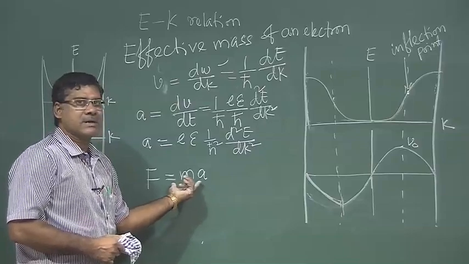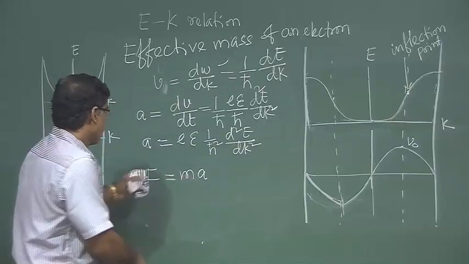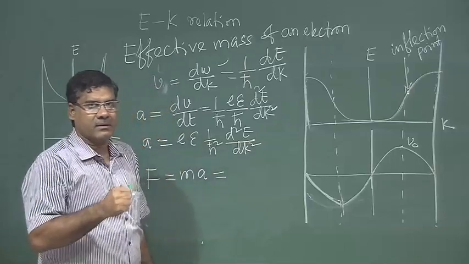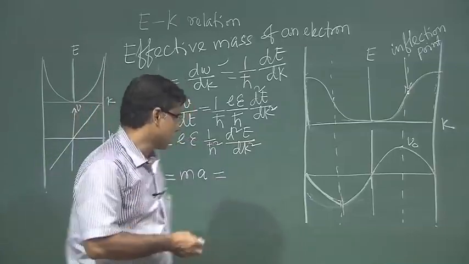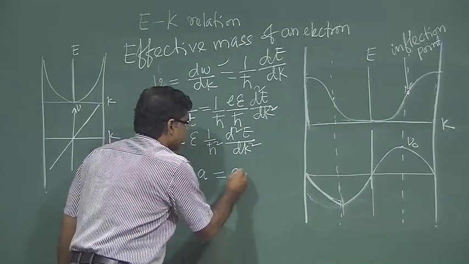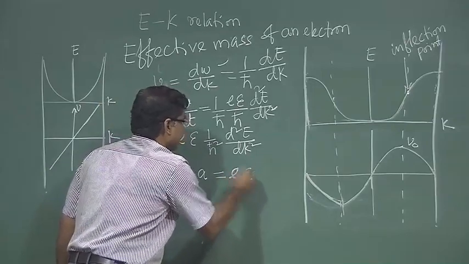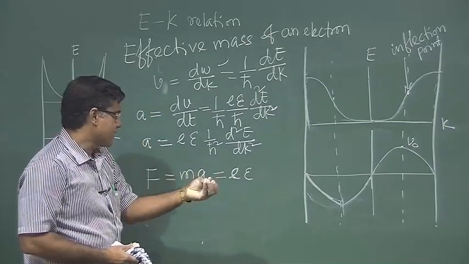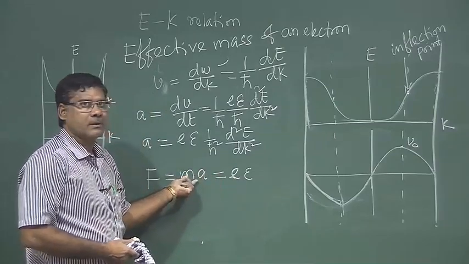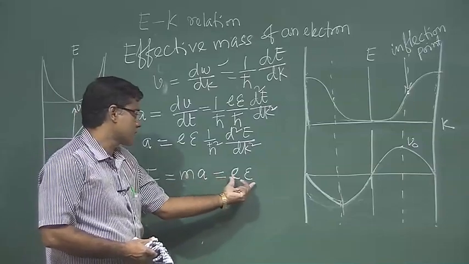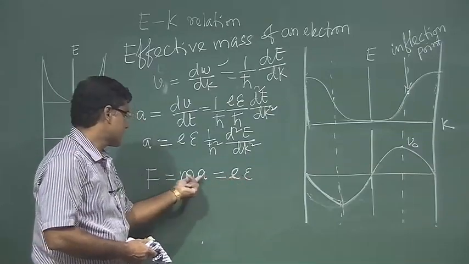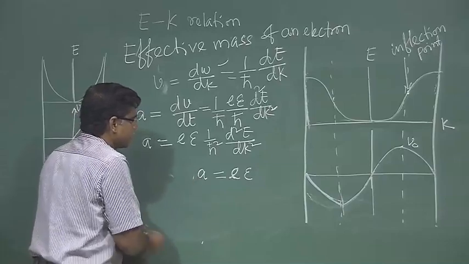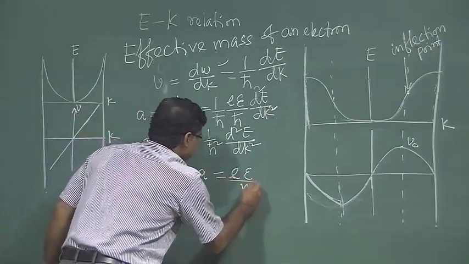That is Newton's second law, ma, and in this case this force is, if we apply electric field on an electron, how much will it feel? E epsilon, for any charged particle, free particle. So, a charged particle of mass m, if we apply this force, then its acceleration will be A equal to this by m, right.